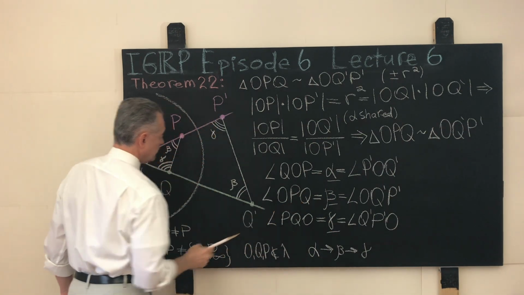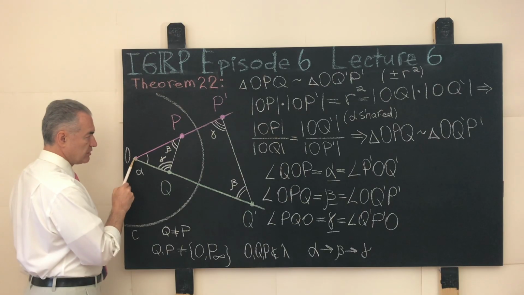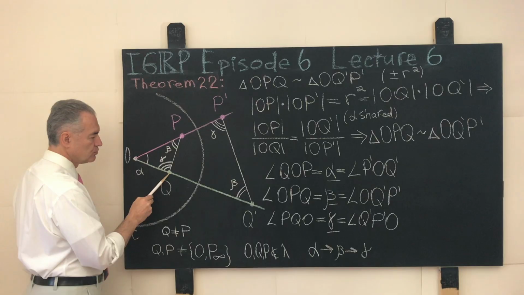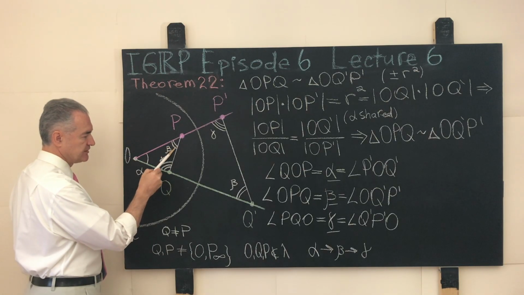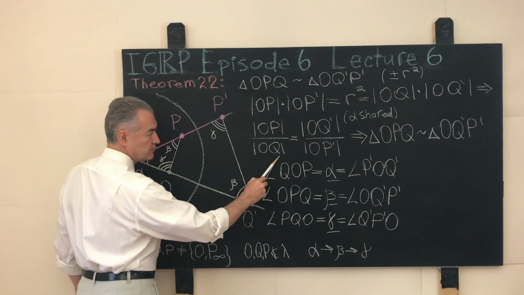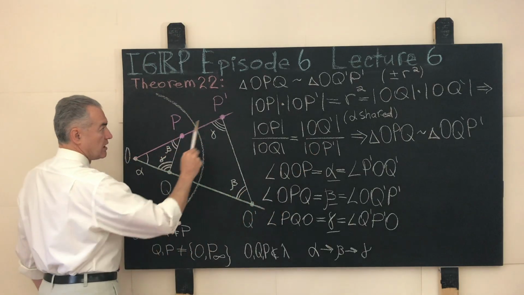And the angle beta. What's going on with the angle beta? In the pre-image triangle OPQ, the side OQ is opposite angle beta, or angle beta lies opposite to the side OQ, and the side OQ in the pre-image triangle corresponds to the side what? OP prime.